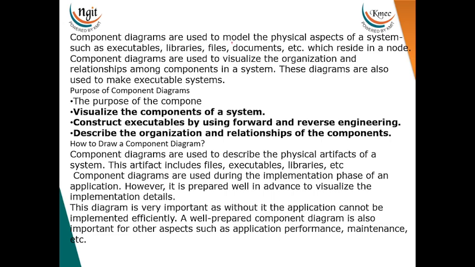Component diagrams model the physical aspects of the system, like what are the executable files, what are the library files, what is the documentation, and what resides in the node. They are used for visualization of the organization and relations.